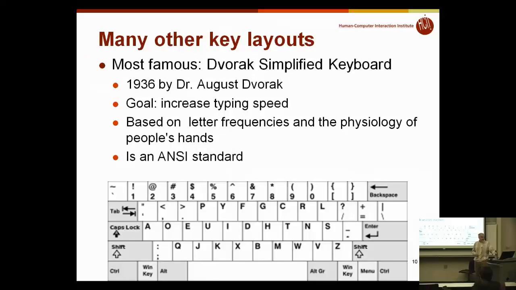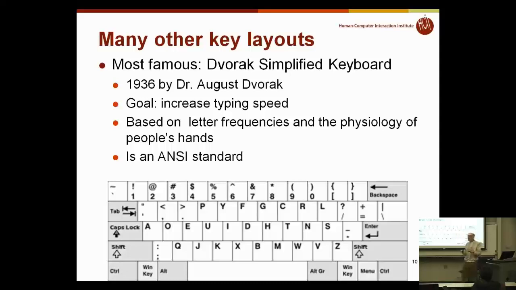So Dvorak, a few years later, invented a new layout which was specifically optimized for English to try and make it really fast. This one used letter frequencies and what's called digraph frequencies, or the most common two letters that go together, in order to come up with a layout that was, in fact, generally agreed to be much faster.